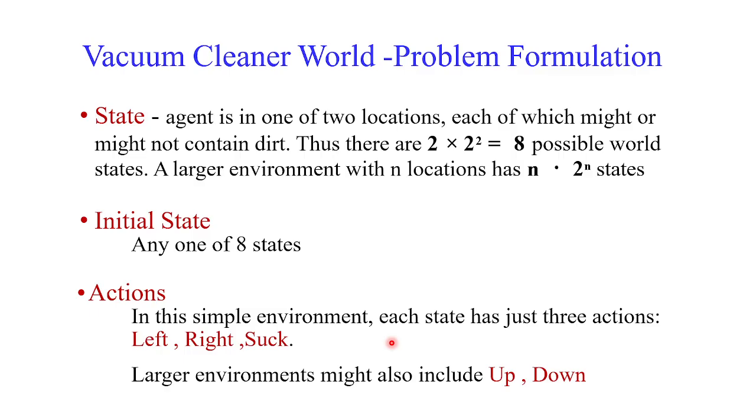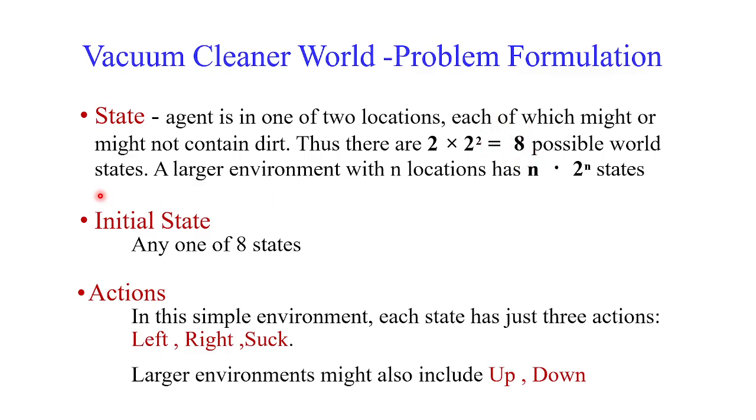The agent can be in room A or room B. That is two options, two locations. Each of the two rooms can be clean or dirty. So what will be the total states? That is 8 possible world states.